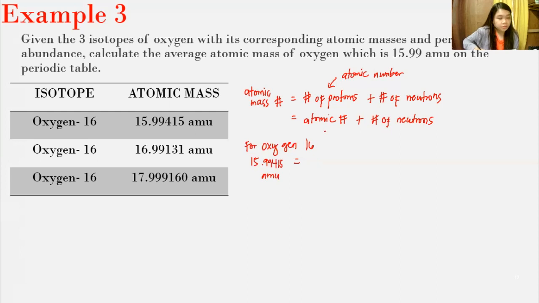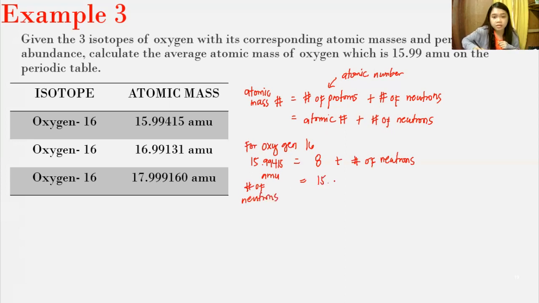Using the formula, we know that the atomic number of oxygen is 8, right? So the missing value will be the number of neutrons. We just subtract 8 from 15.99415, so we could get the number of neutrons.